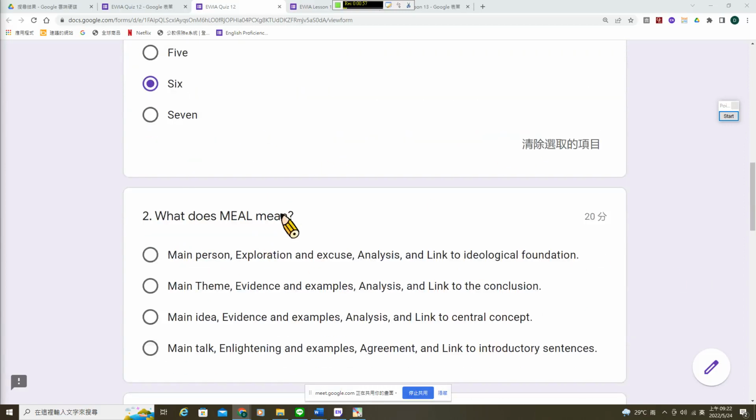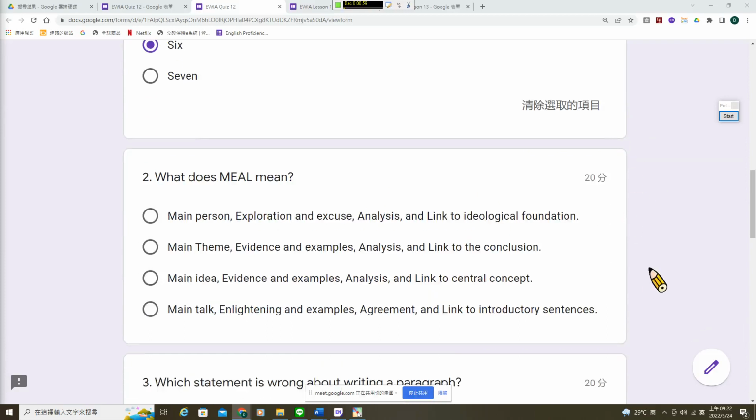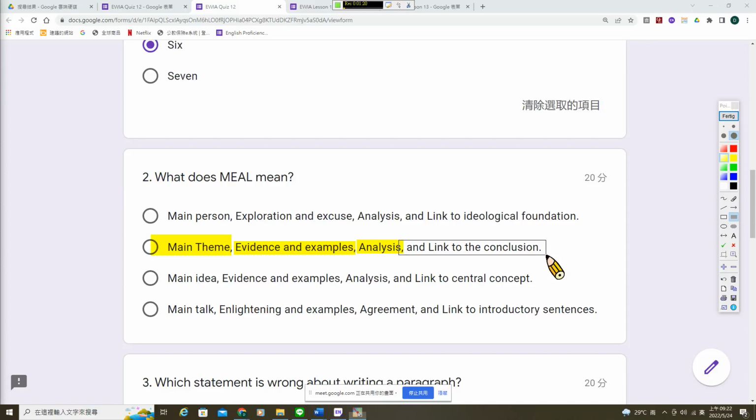So what does meal mean? The meal plan in writing a sentence refers to this: you have a main idea, which is a topic sentence, and it follows with evidence and examples, and we come out with some analysis, and by the end of the paragraph, you link your discussion to the conclusion.